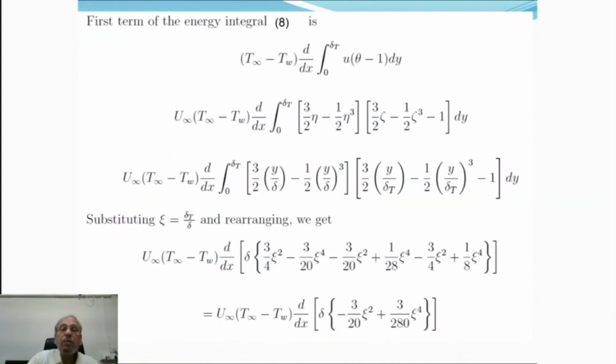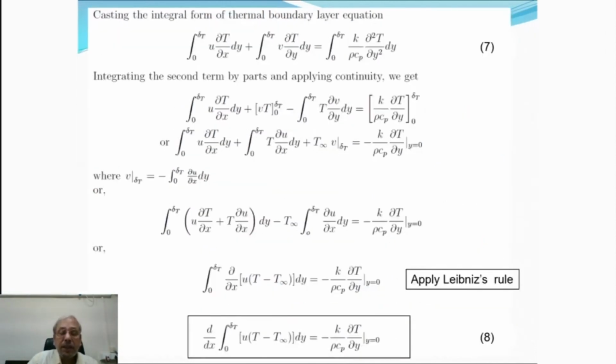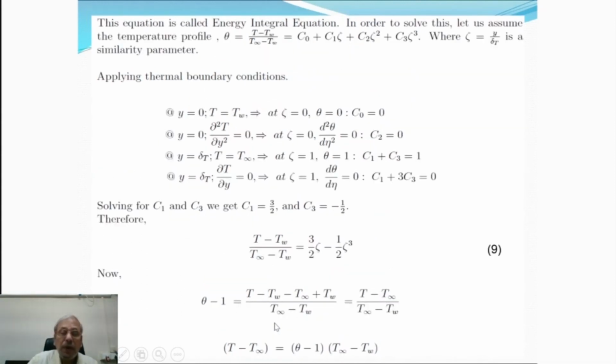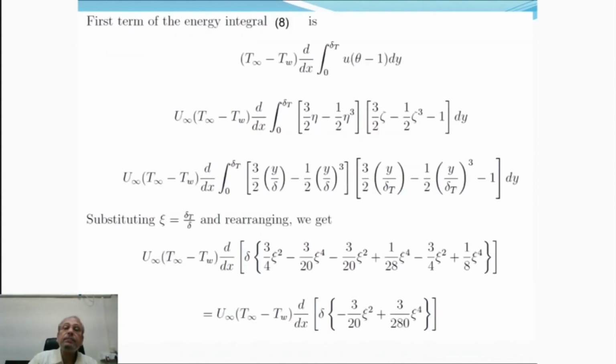So now we look at this energy integral equation, U into (T minus T infinity). That is the reason we found an expression for T minus T infinity. U we already know: we have obtained U by U infinity as 3 by 2 eta minus half eta cube while solving the momentum integral equation.